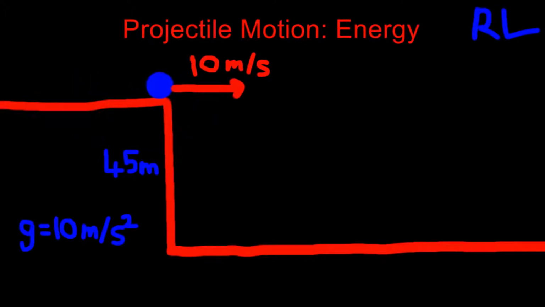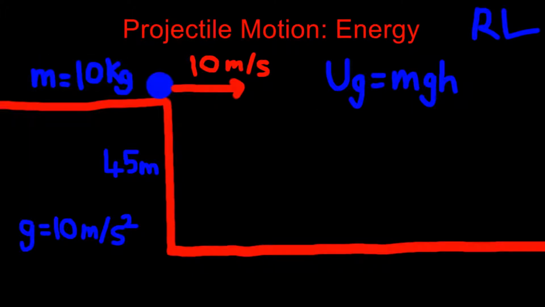So if we look back at our initial problem here, we see we've got this ball, it's 45 meters above the ground. We know that potential energy is given by UG equals mgh. Now, for this ball, we're also going to take the mass to be 10 kilograms, which means, subbing into this equation, the potential energy we have in this scenario is 10 for mass times 10 for gravity times 45 for h.